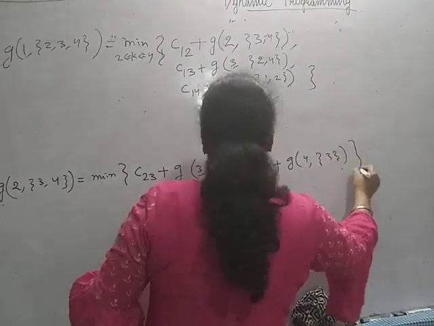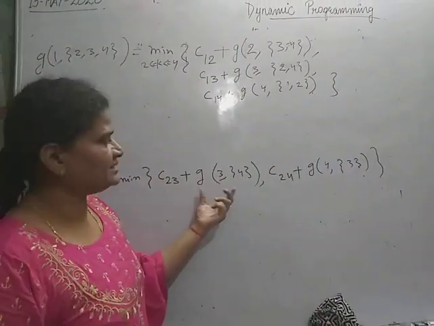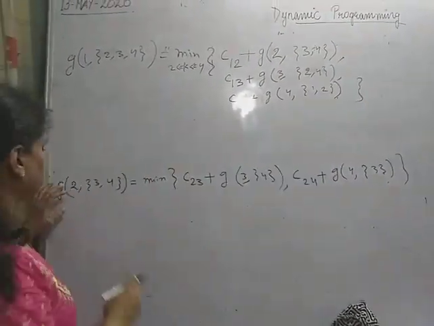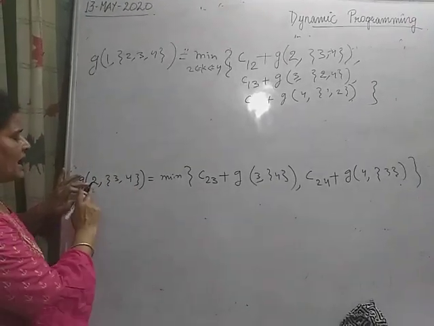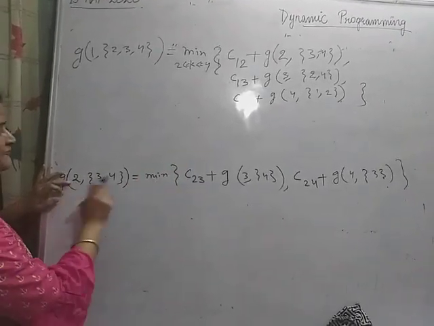This means either 2 goes to 3 and then we consider the path 3 to 4, or 2 to 4 first and then 4 to 3.